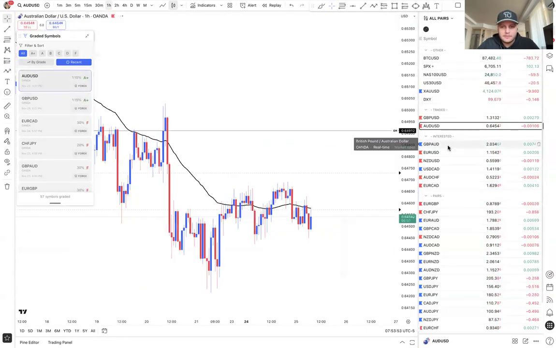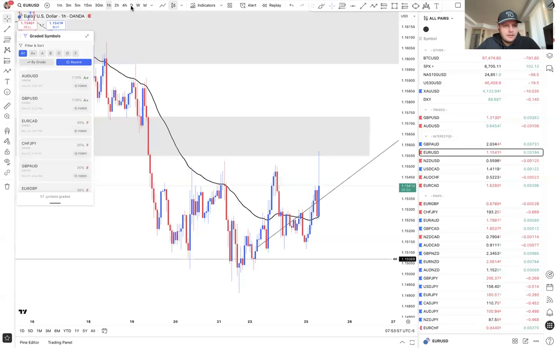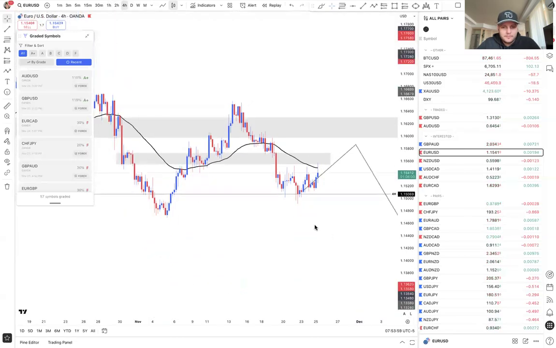And then let's see. For this one, for the 4-hour time frame to go bearish and then pull back and then sell.